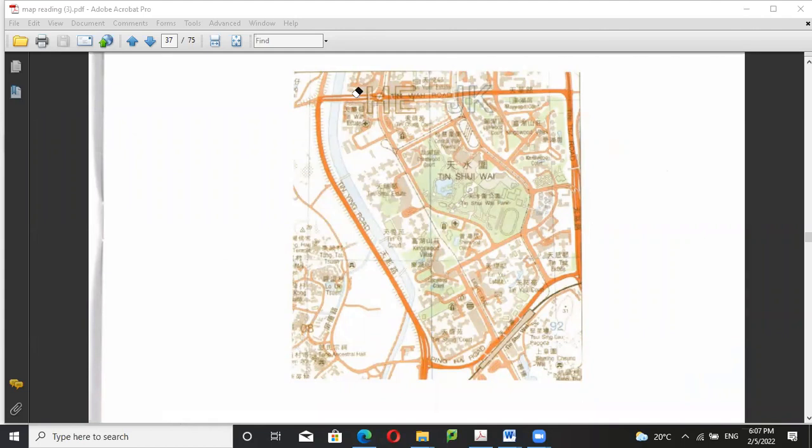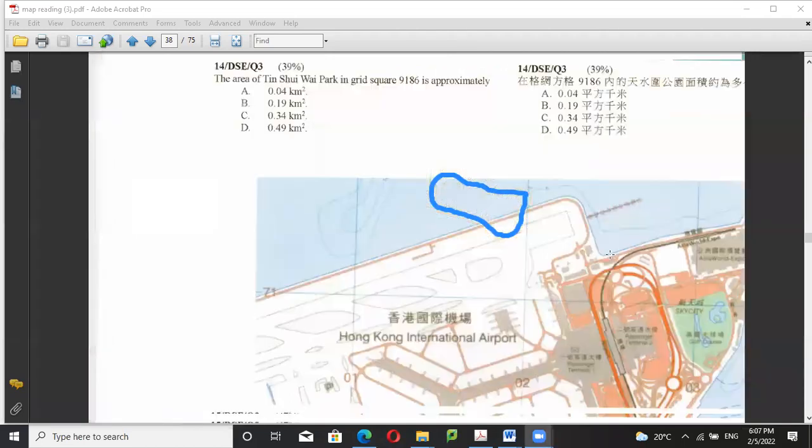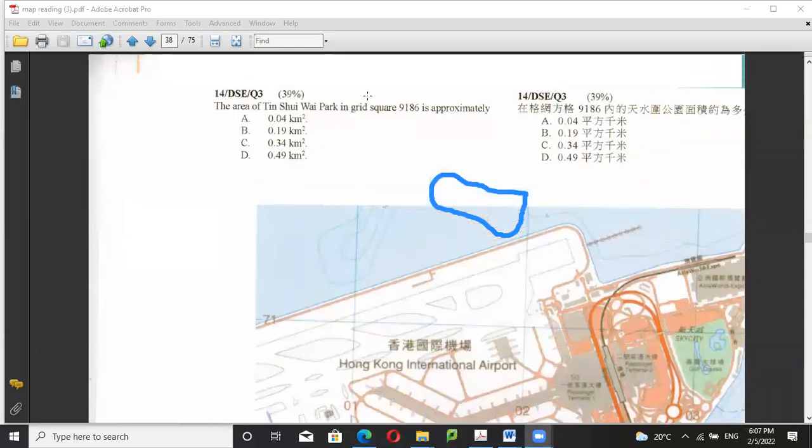Let me draw it clearly here. I think you can count about 20 small squares, so 20 small squares are occupied. So the answer should be B again. Okay?